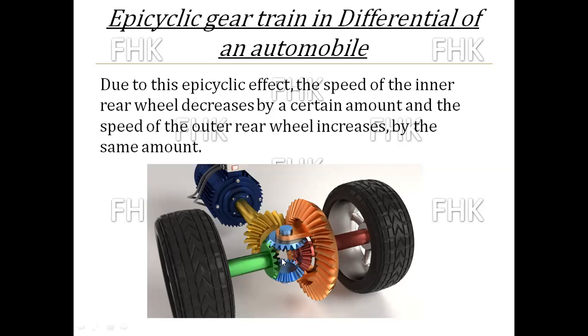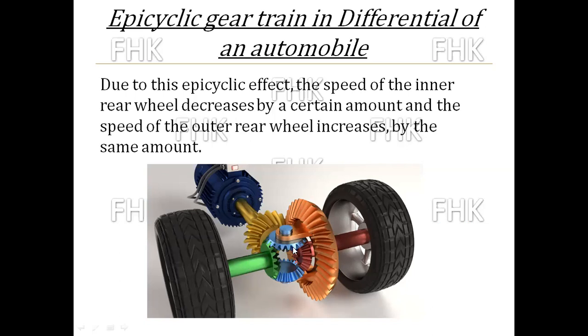So I will explain again here. While going straight, these two planet pinions shown here in blue are not spinning, so you get omega 1 equal to omega 2.